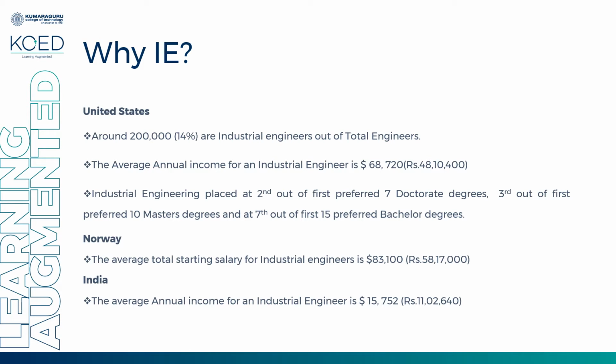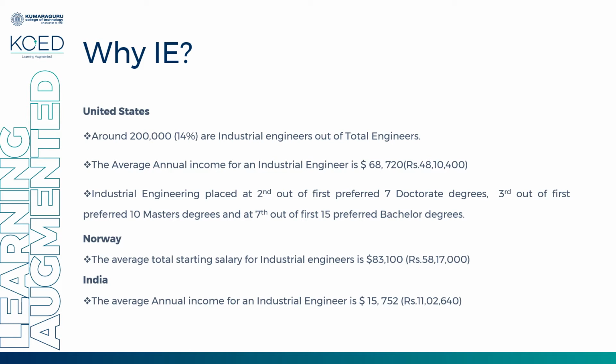Why IE? This is a simple slide, so I'm not going to deal with much about this. You can see that in the United States around 2 lakh people, that is 14% of total engineers, are industrial engineers.